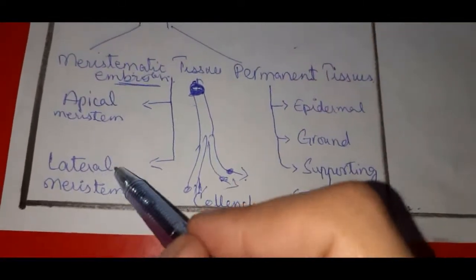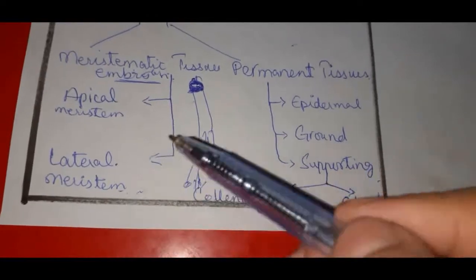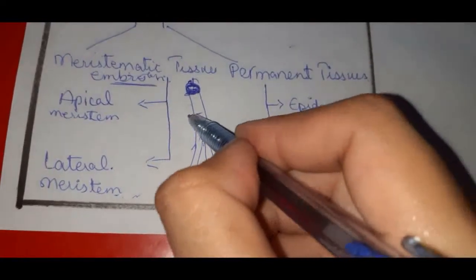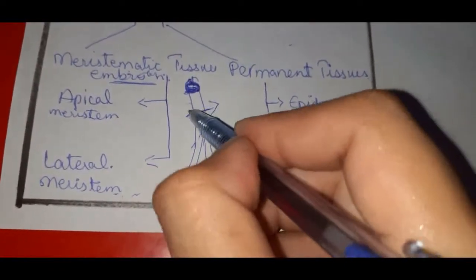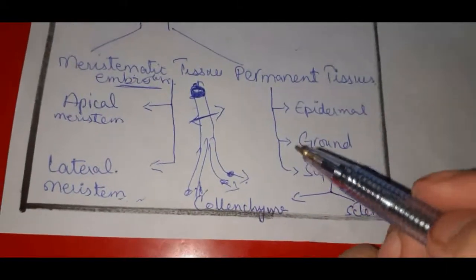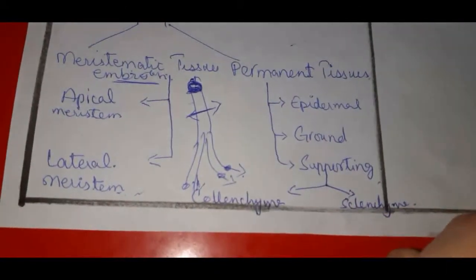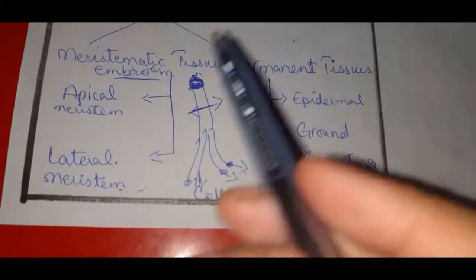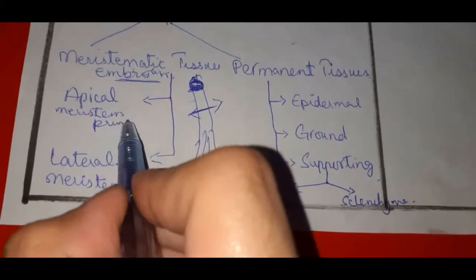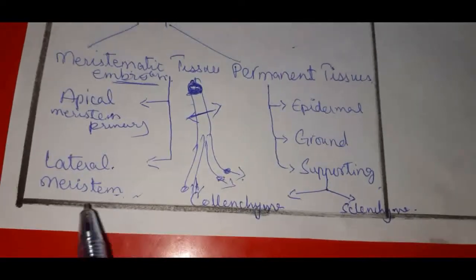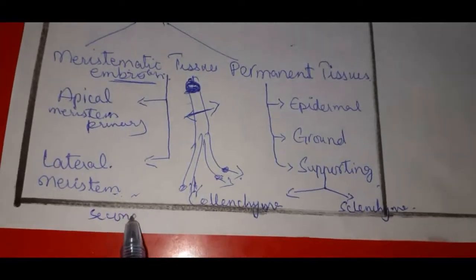And then we said that there are lateral meristems. What are lateral meristems? They are responsible for the growth in diameter of the plant, for the thickness of the plant. Then we said that apical meristems are called primary meristems, whereas lateral meristems are called secondary meristems.